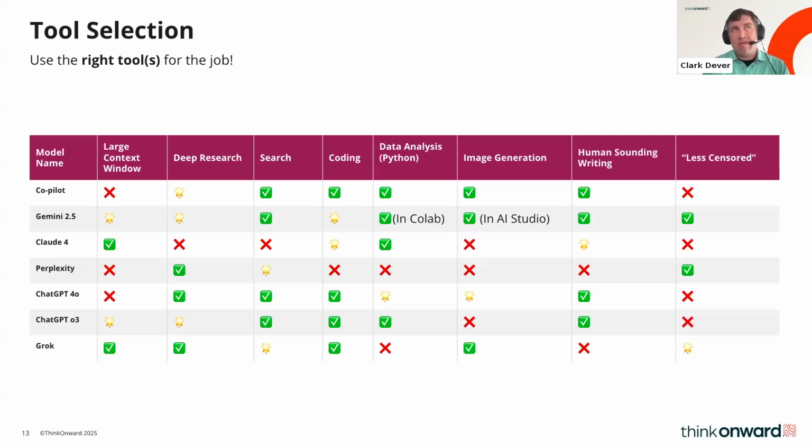So this chart was my attempt, and it's very subjective, but to give you an idea of what models I think to use first when I'm trying to attempt these different tasks. GPT 4.0 is incredible for image creation and image modification. Gemini 2.5, you have to use it in the AI Studio, but their image manipulation is very, very good as well. Those are kind of my two go-tos.